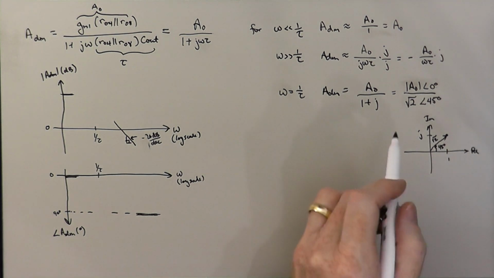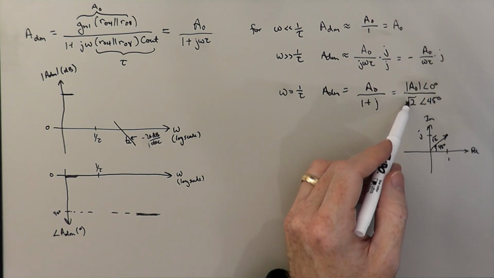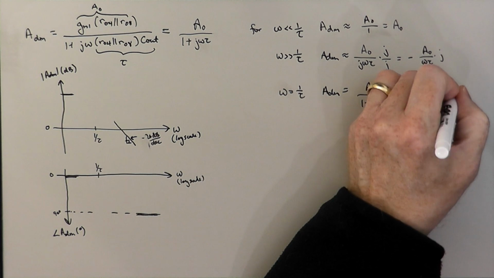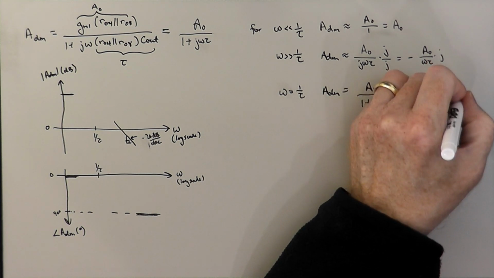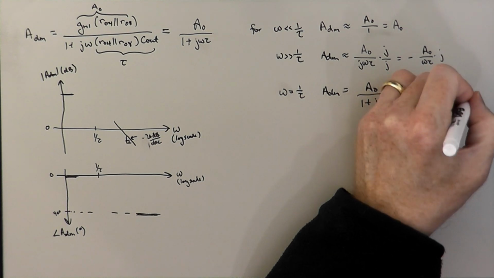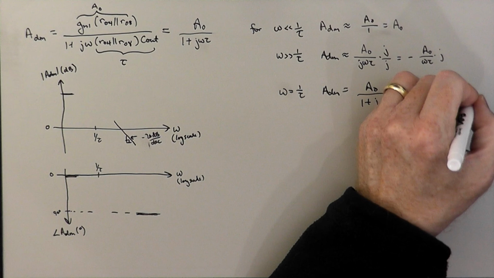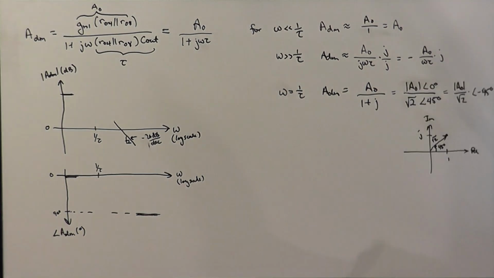And so when you take the ratio of two complex numbers in polar form, we can write this as the ratio of the magnitude, so it's 1 over root 2, with an angle of 0 minus 45, like so.